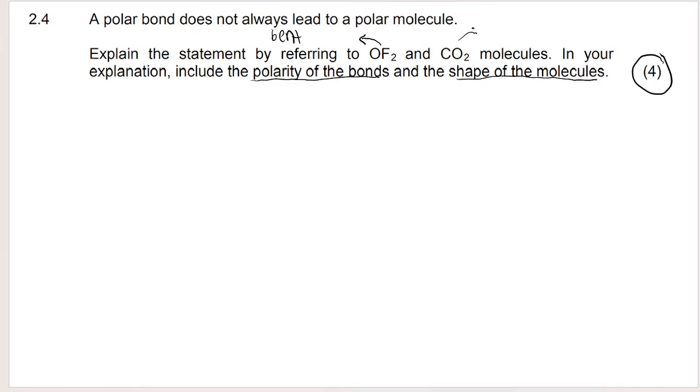Carbon dioxide is a linear molecule with an even or symmetrical charge distribution. So, because oxygen difluoride is asymmetrical and it has an uneven charge distribution, this will be a polar molecule. Because carbon dioxide is a linear molecule, symmetrical or even charge distribution, it will be a non-polar molecule. That is what they want you to say in your answer.